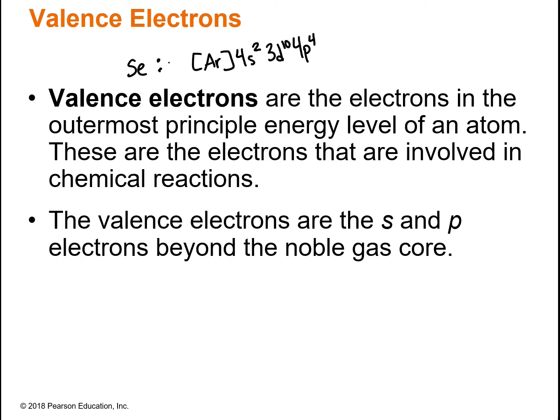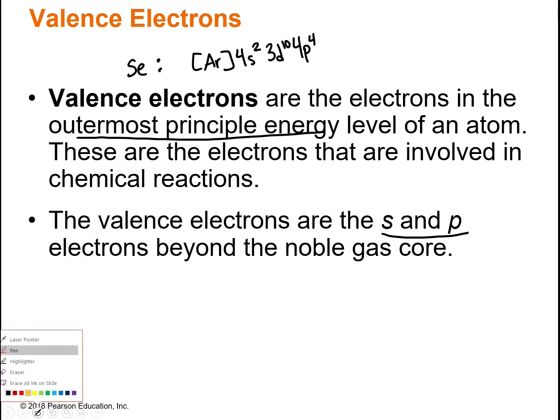The valence electrons are the electrons in the outermost principal energy level of an atom. They are the s and p electrons that are beyond the noble gas core. So in this case, our noble gas core would be argon.